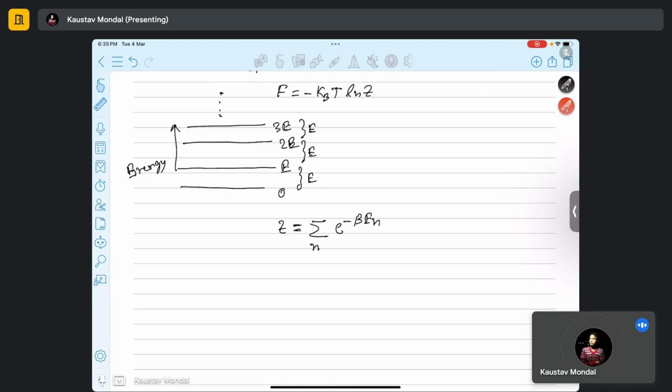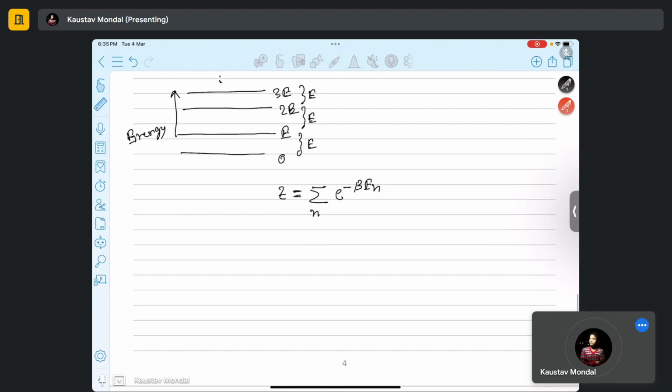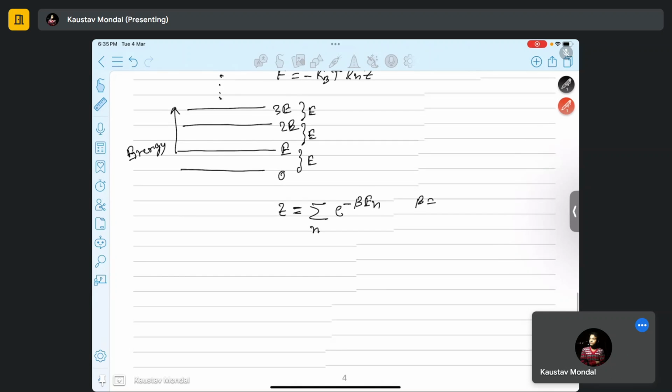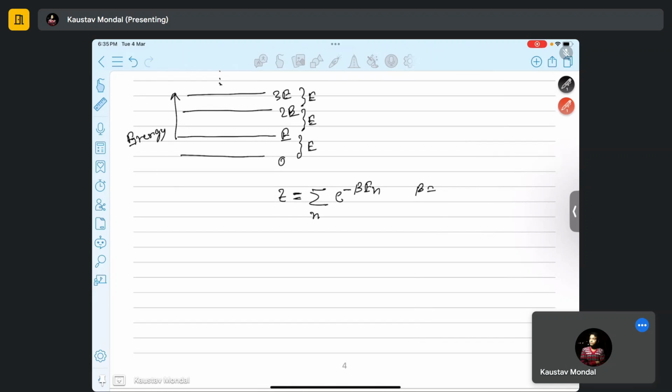Here beta is 1 by kBT. There is no upper limit of energies given, so we can consider a large number of energies and approximate it by infinity.